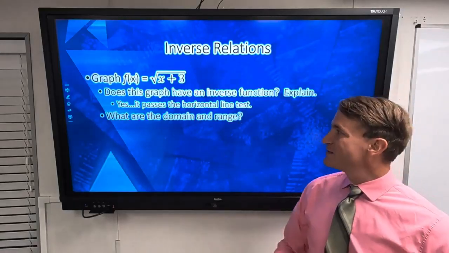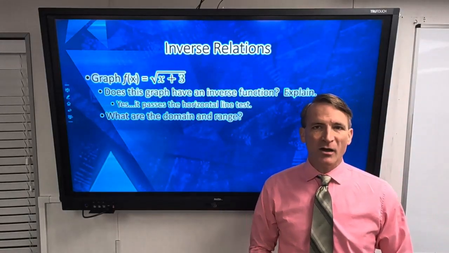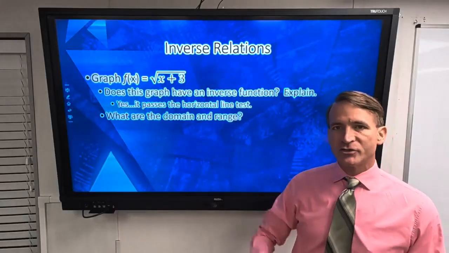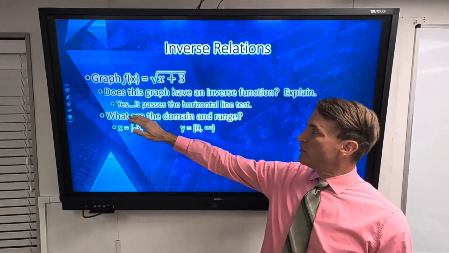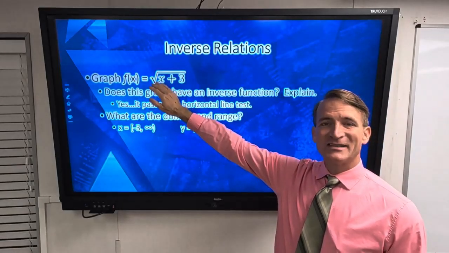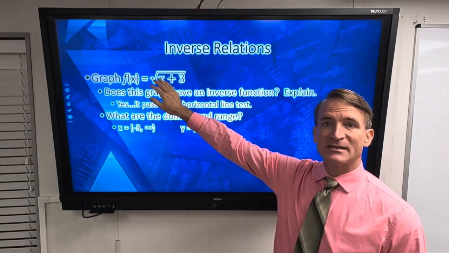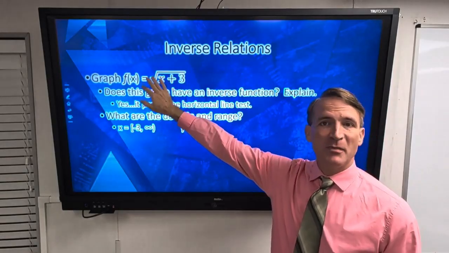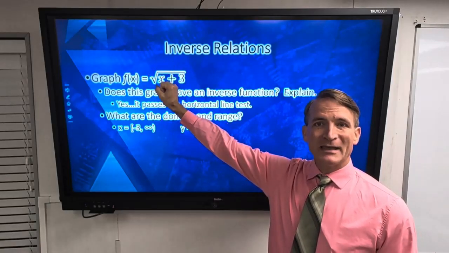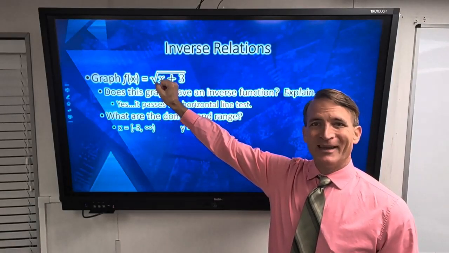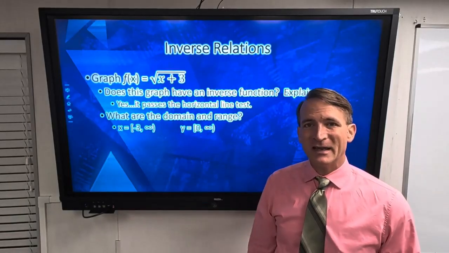Now, what is the domain and range of your original function? Your original function cannot accept any values that are less than -3, because that would make my square root have a radicand that is negative, and I can't take the square root of a negative value.